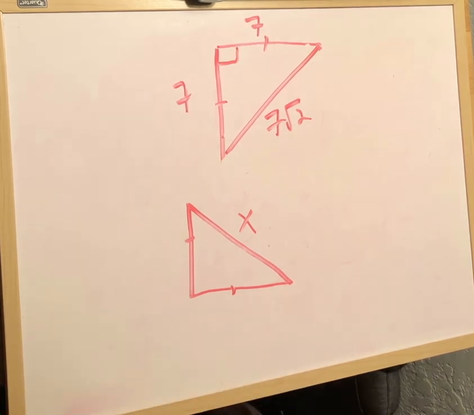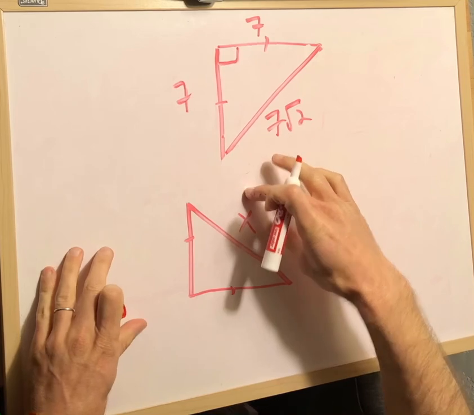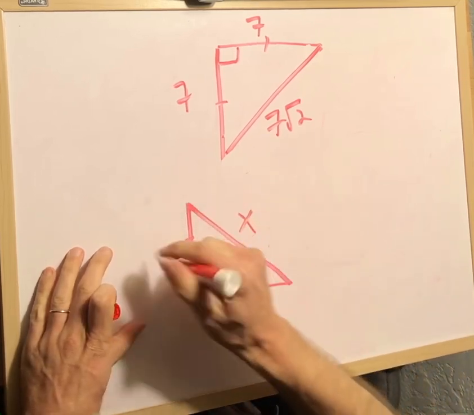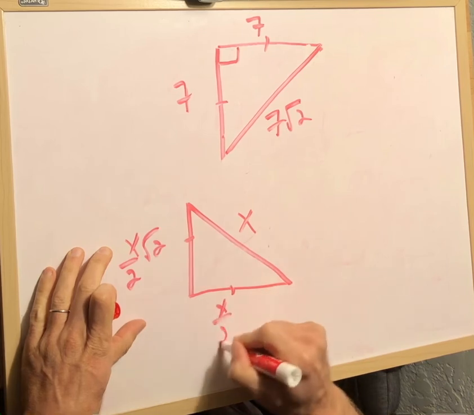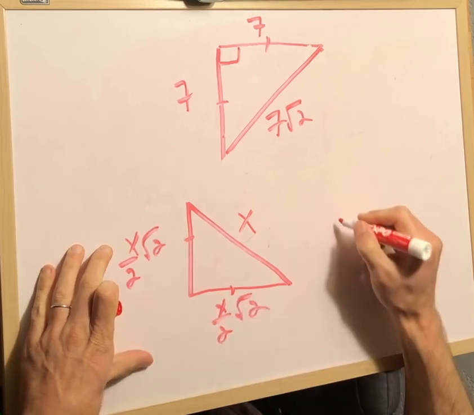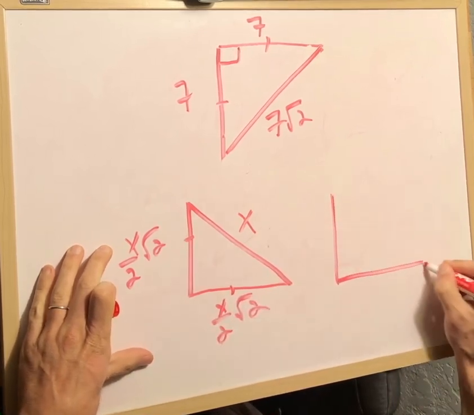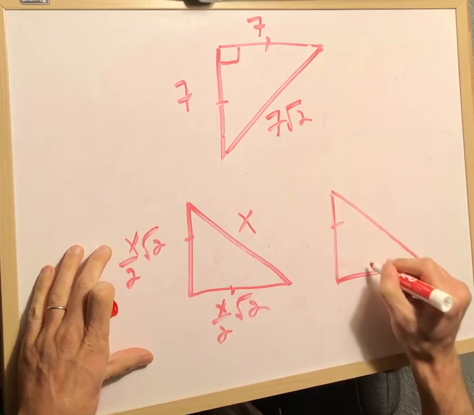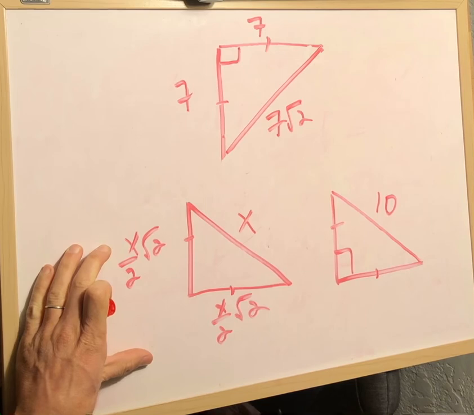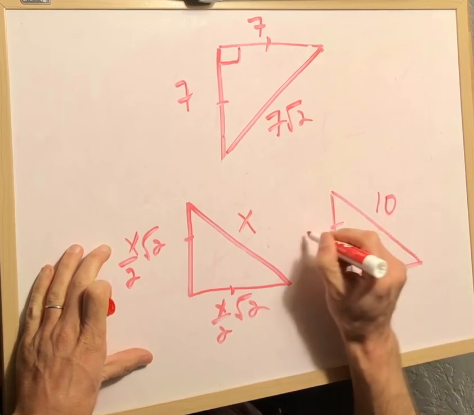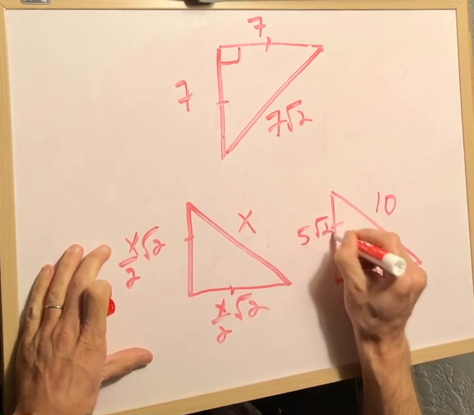So look, if your hypotenuse is a number, each one of these is half of this number with the root 2. It might look kind of confusing until I actually put it into actual numbers. So let's say this side is 10. Well, this side would be half of 10 root 2.